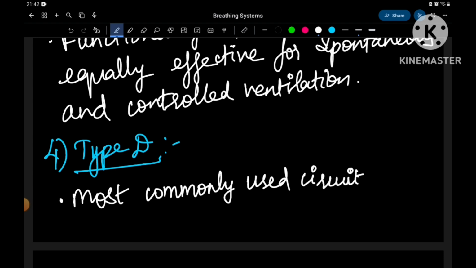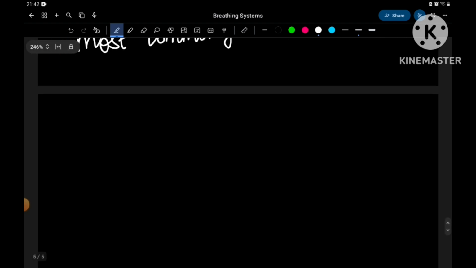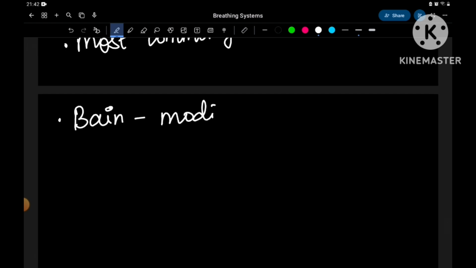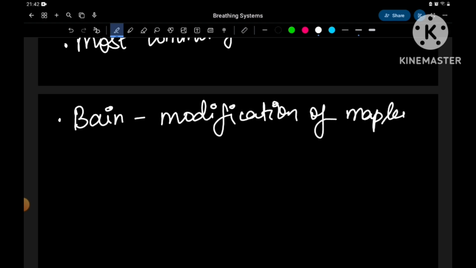Actually, type D most commonly used circuit here is Bain. What is this Bain? This Bain circuit is nothing but modification of MAPLESON D system.